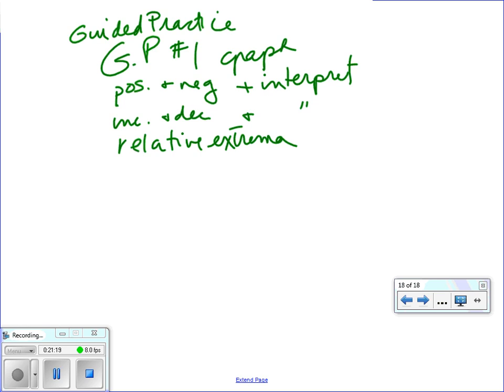And finally, you're going to describe the end behavior. Is that everything? Make sure I got it all. Yeah. Okay. So you do these 4 things for that guided practice, that first graph that we've been using as our guided practice all the way through this lesson.